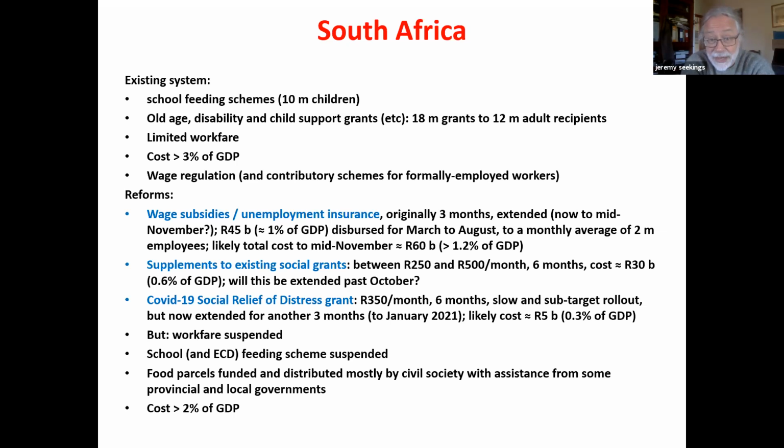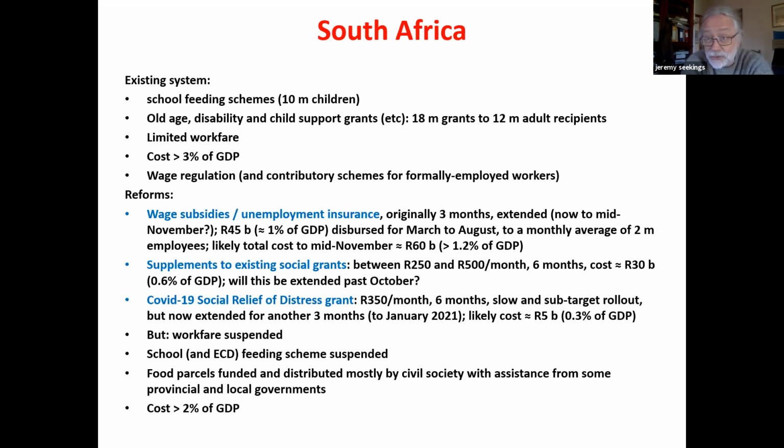It was very slowly rolled out, so it didn't really get paid much until June, July, so it missed out at the very beginning. But the numbers did creep up. It's now being paid to more or less 5 million people, and it's going to continue to be paid until January of next year. But so the cost is about 0.3% of GDP. So South Africa has had a well-developed, extensive, and relatively expensive social assistance system, and it has extended it quite dramatically to another 7 or 8 million people at the total cost of another 2% of GDP.